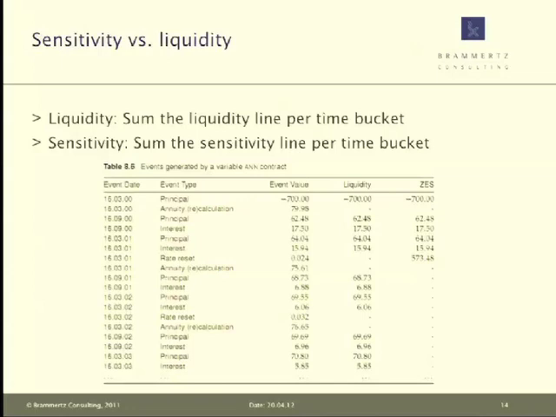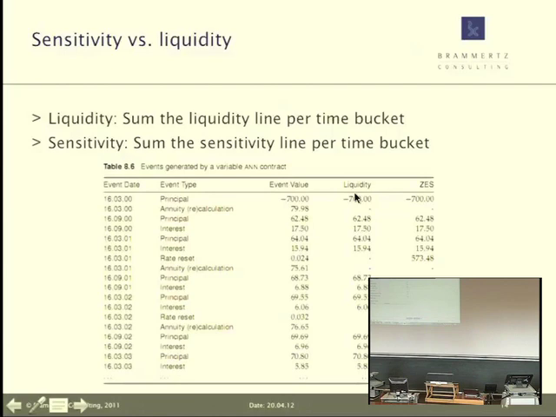So you have, remember, we called that liquidity, and this we called ZES, because there is no better name for it. ZES stands for zero coupon equivalent sensitivity. And that's exactly what we do.